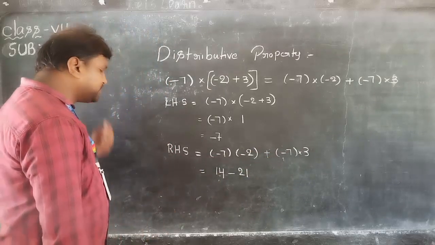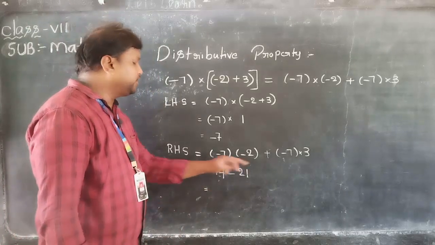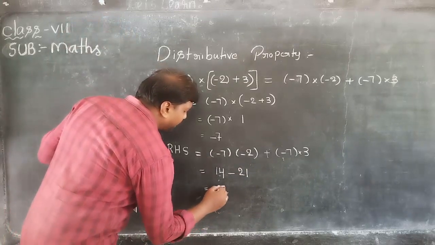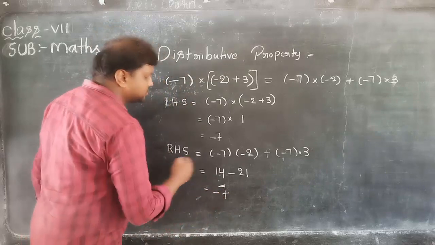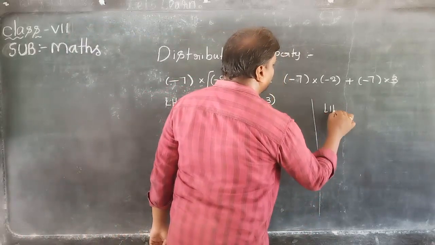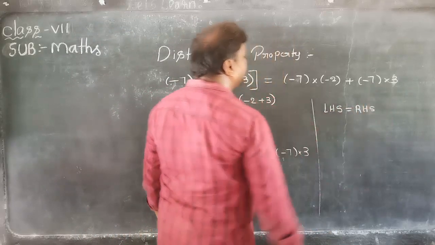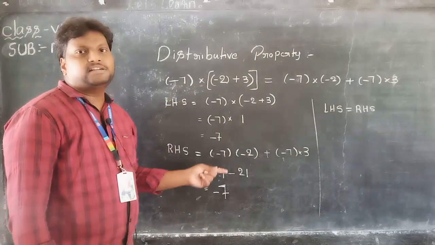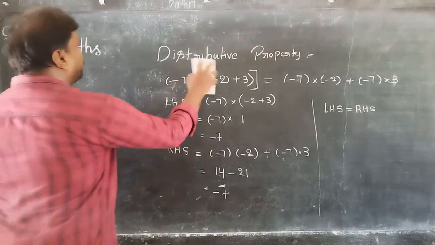Okay, 14 minus 21: 14 is positive, 21 is negative, the difference is 7, and the symbol of the higher value 21 is minus, so the answer is minus 7. Therefore LHS is equal to RHS. By using these three integers, the distributive property is verified.